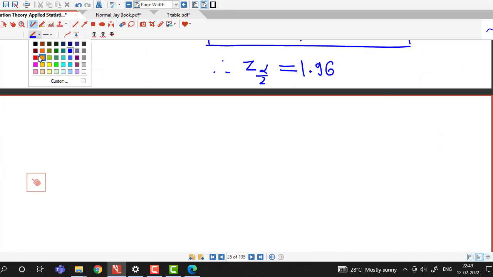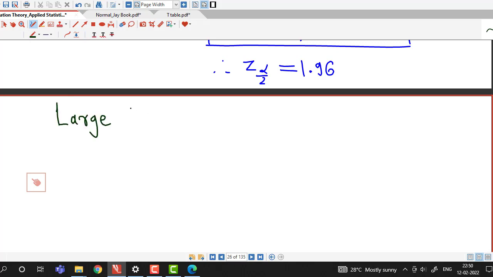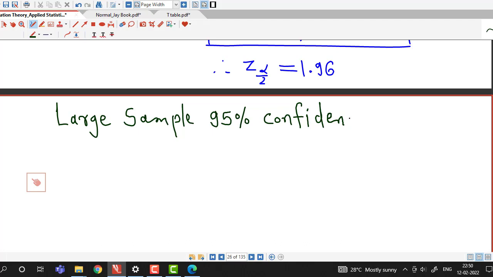The sample size is large and the confidence level is 95%, so we use the large sample 95% confidence interval formula.